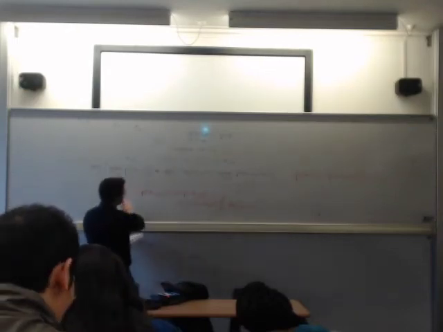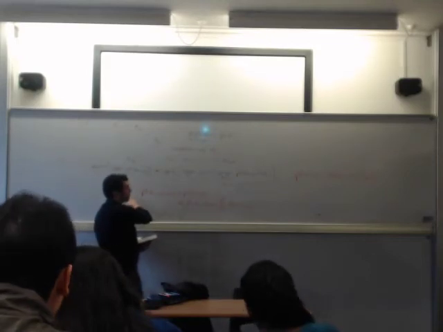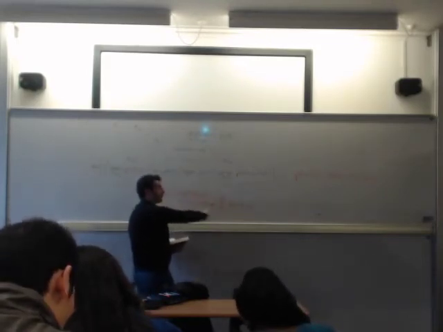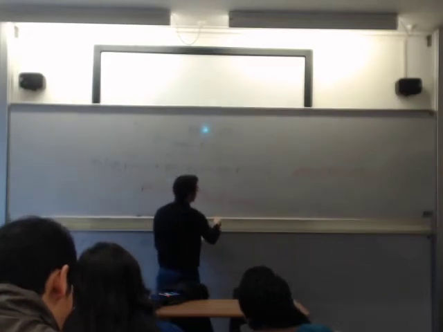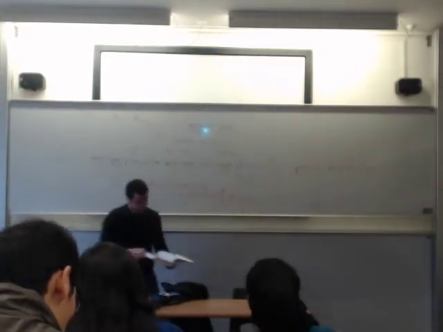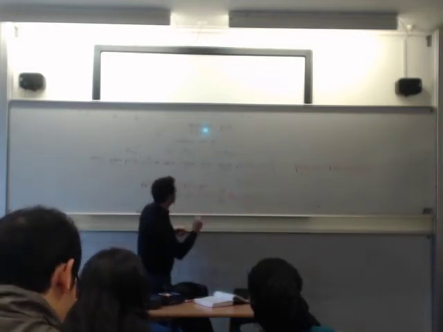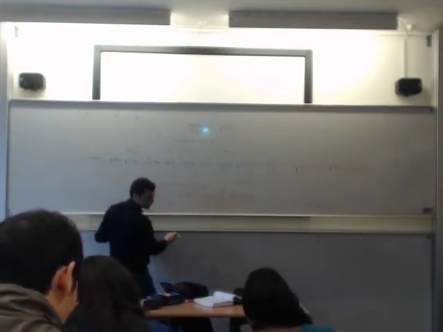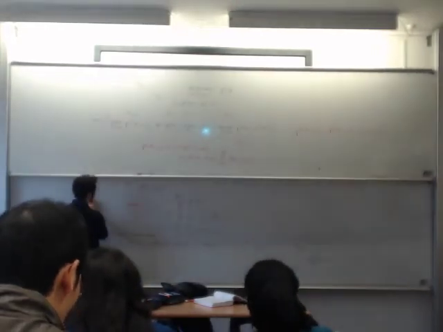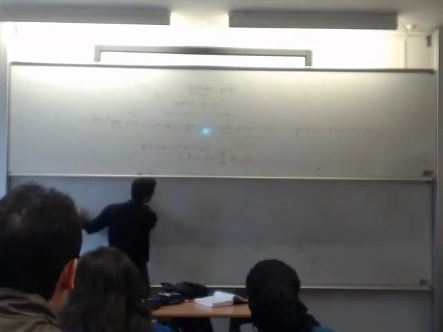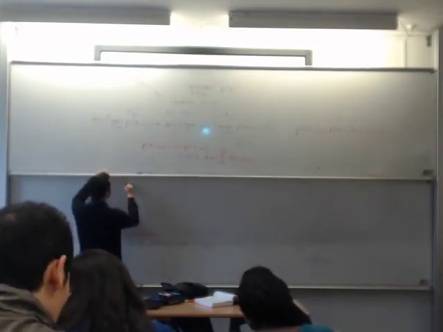And what's nice about this is when I take the maximum, which is what I'm interested in, I can just push repeatedly the maximum through this whole thing, right? So I'm interested in the maximum of this.